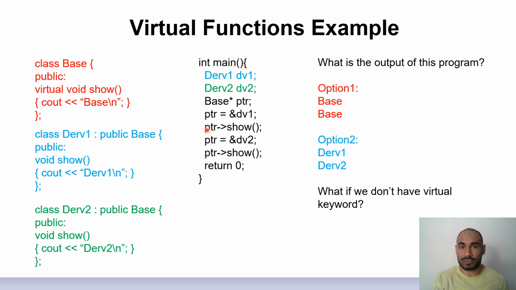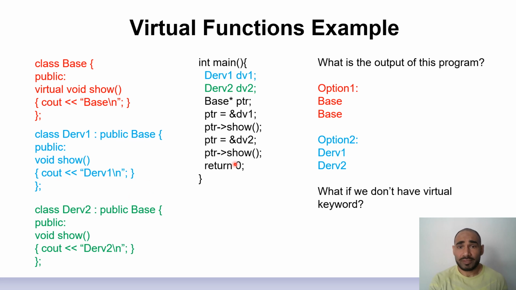So when we call the show method, it should call the derived 1's show method, and when it's pointing to derived 2, it should call the derived 2's show method. But don't confuse yourself with what's happening here. This is the way C++ is designed to behave. But as the designers wanted to resolve this ambiguity, if programmers do this kind of functionality, then they needed to really fix which show method should be executed here.